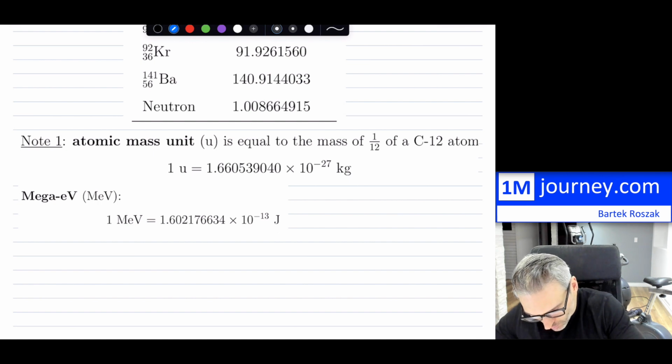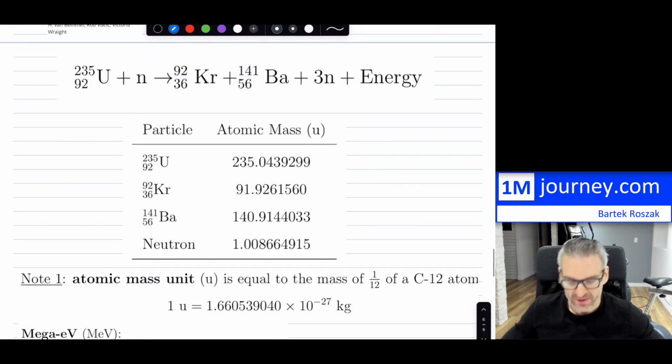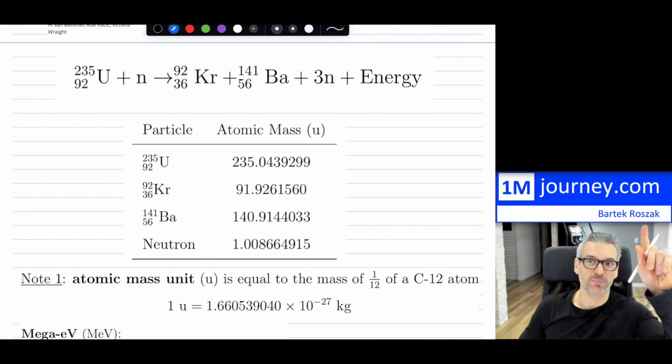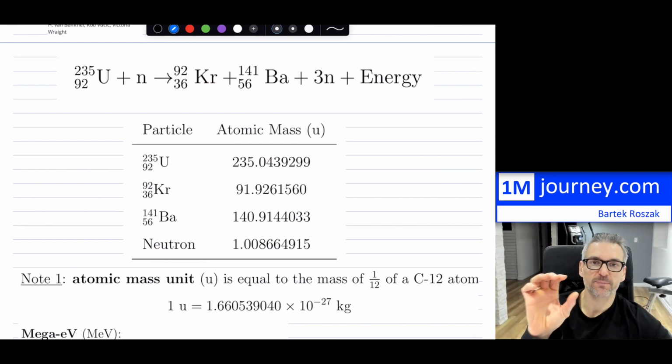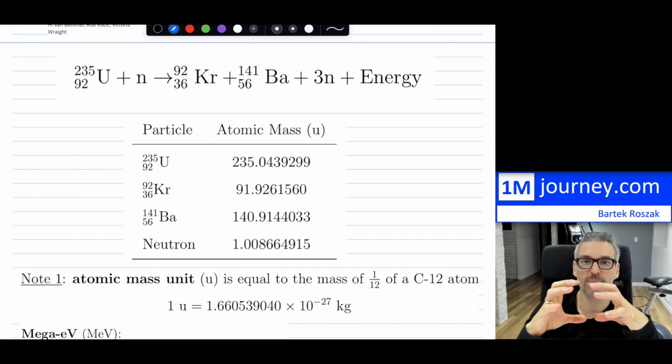Well, we want to be able to calculate the mass defect in between. Now, if you recall the mass defect, I'll put up a link up above there. We were talking about the mass defect with regards to binding energies for a particular isotope, right?